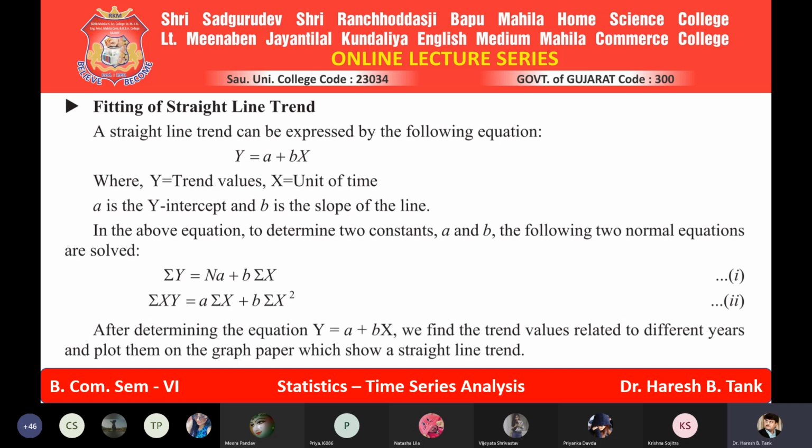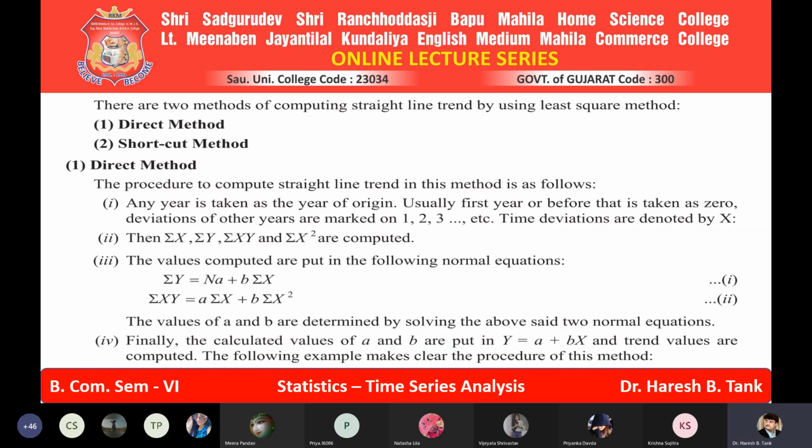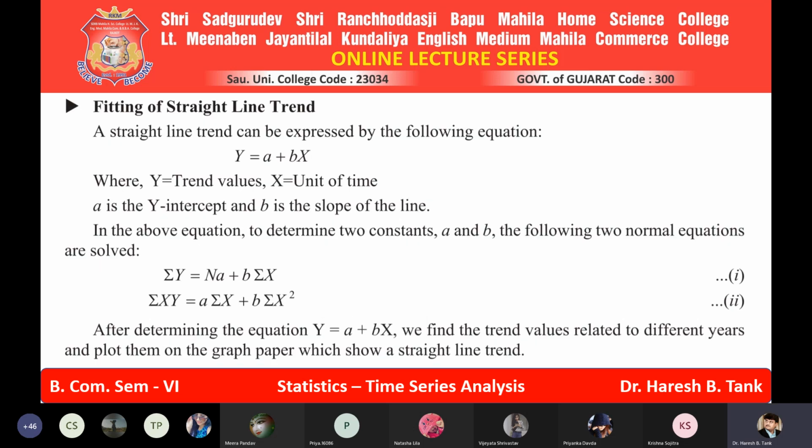So our intention with this example is to get the value of a and b using the behavior of variables.